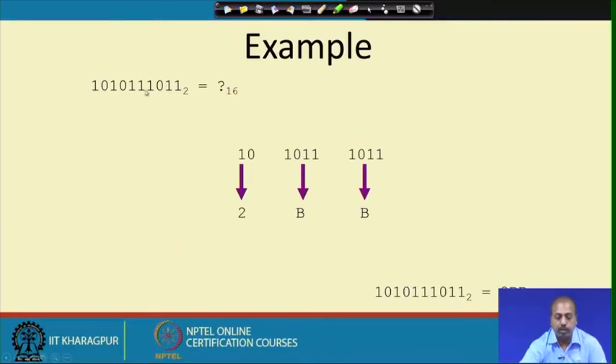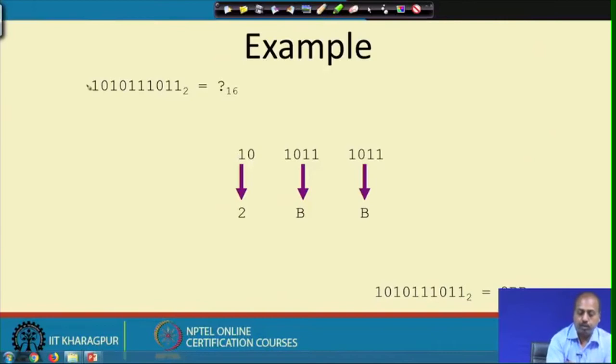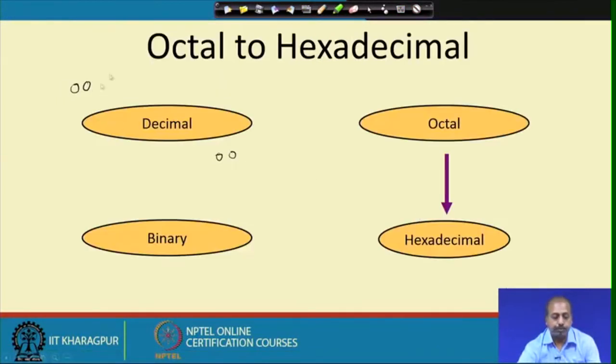This 1101 forms the first group, then 1101 forms the next group, and then I have only 2 bits left, 0 and 1. As in the previous case, you can safely assume that there are zeros here, so we have 0010. Ultimately the pattern becomes 2BB, and this 2BB is the hexadecimal number corresponding to the binary number that we have.